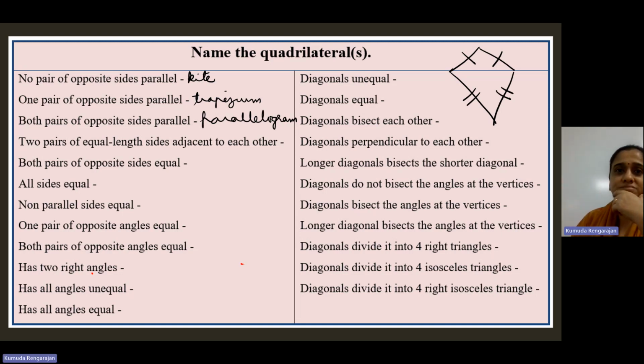He's not written it. Okay, you can check that later, Navneet. I've given that in the definition. Yes, two pairs of equal length sides adjacent to each other: kite. Both pairs of opposite sides equal.